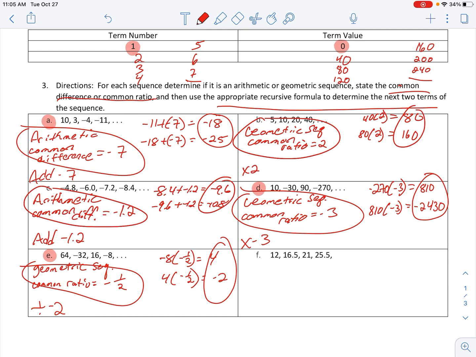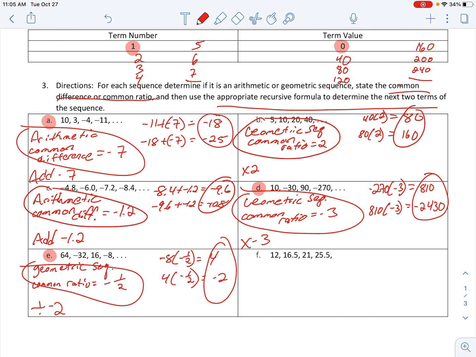Letter F. 12 to 16 and a half to 21 to 25 and a half. Okay, that's not multiplying, doesn't seem to be anything obvious there. So let's try to figure out something that's adding on. 12 to 16.5 is 4.5. What's 16.5 plus 4.5? Does it check out to be 21? And it does. 21 plus 4.5, does that give you 25.5?